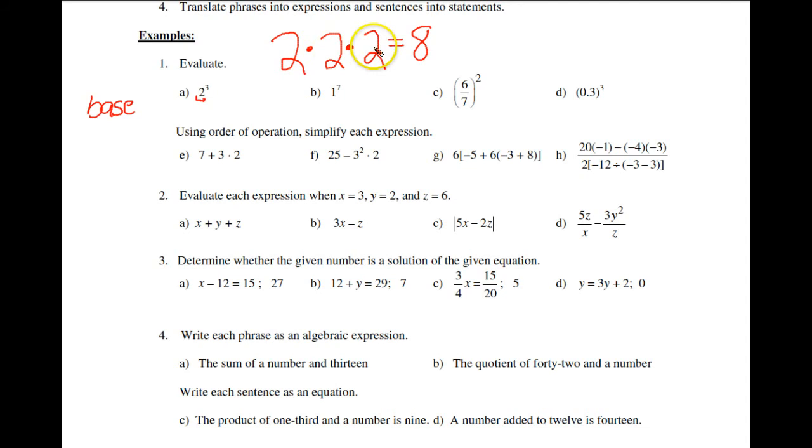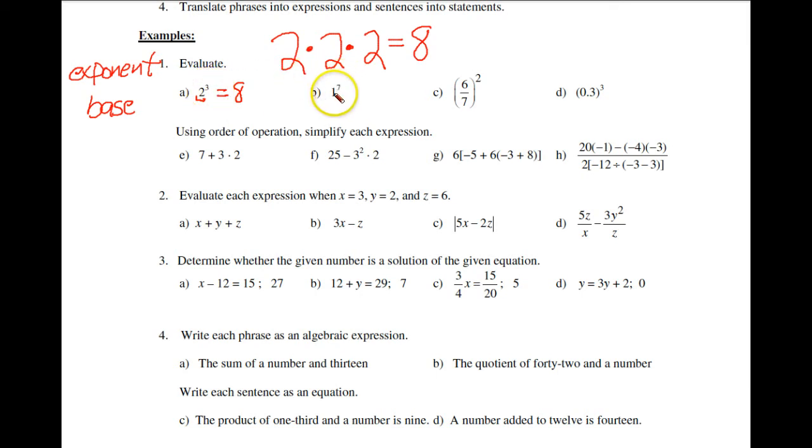And the number of times we're going to multiply the base by itself, we make it as a superscript, a little 3 up there. That is the exponent. So you need to be familiar with those words because we'll be using them. And when we evaluate that, it becomes 8. 2 to the third, we say.